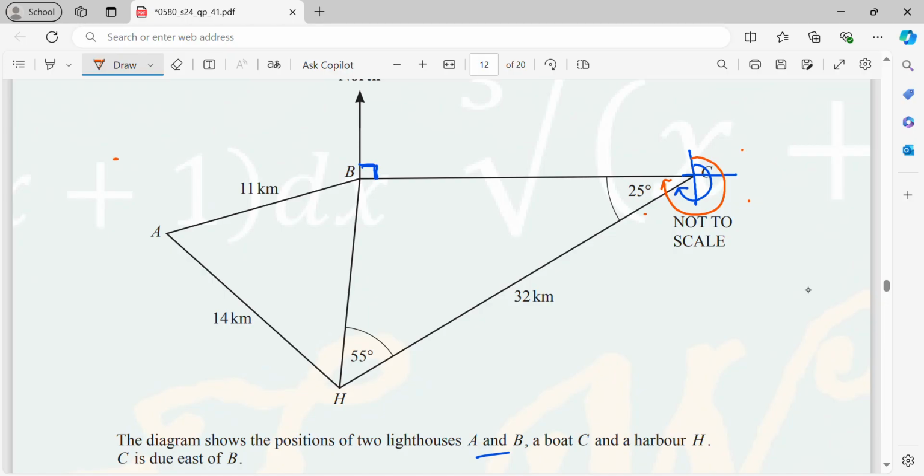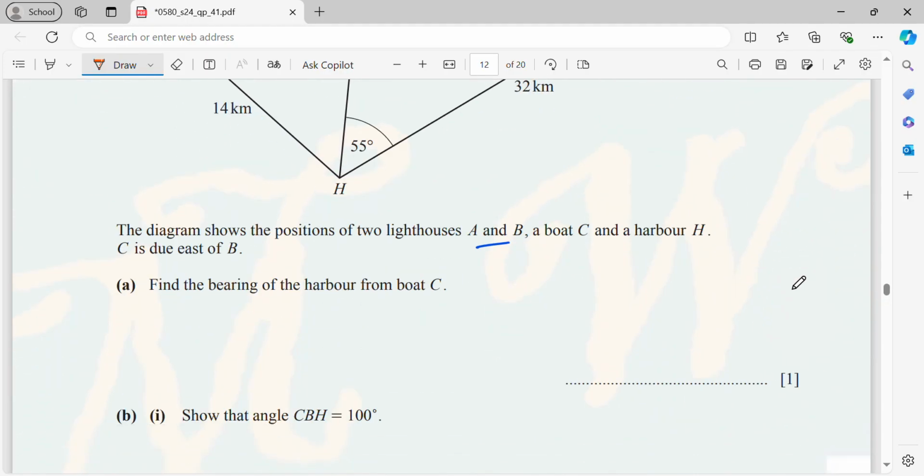So to get the blue angle, it will be 270 minus 25 degrees. That is the bearing of H from C. So now here I will write bearing equals 270 minus 25 degrees. Then you will get 245 degrees.